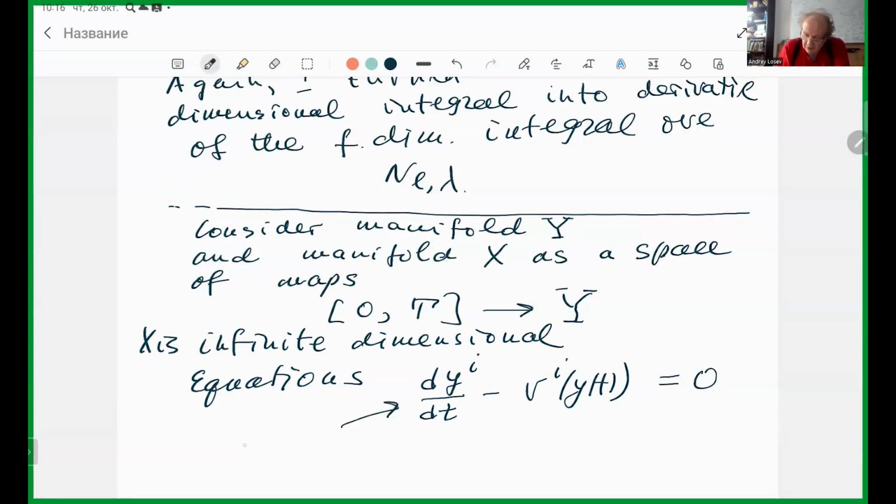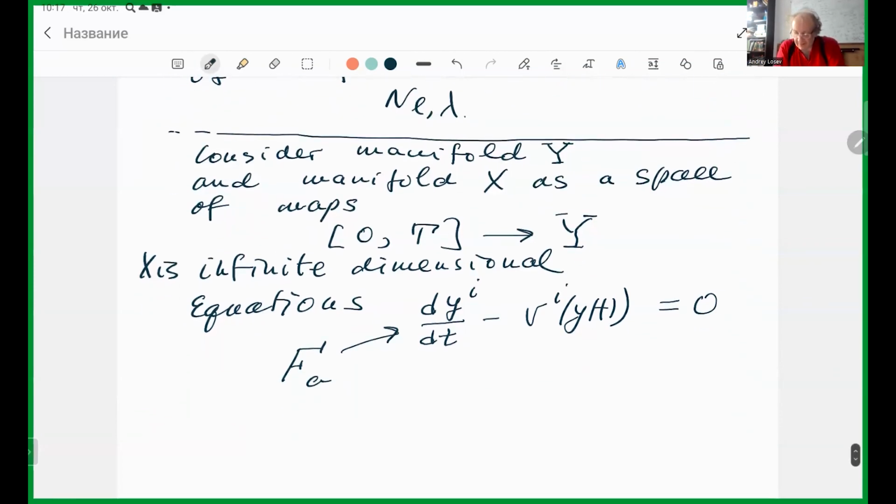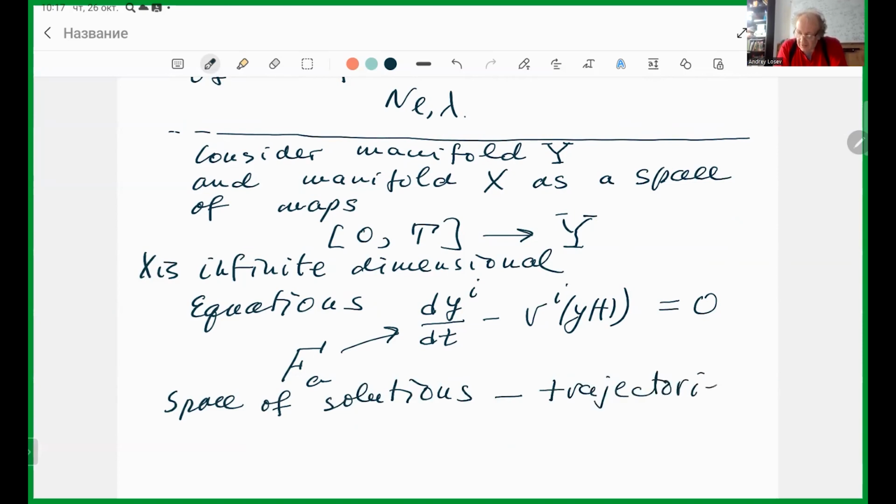So this would be the space of solutions, trajectories of vector field into the space N.